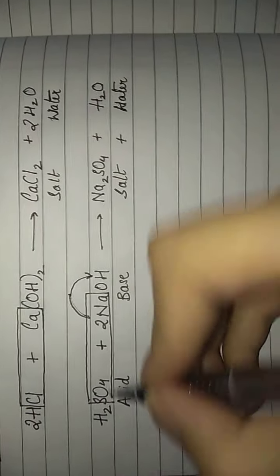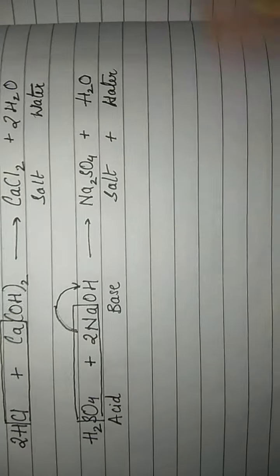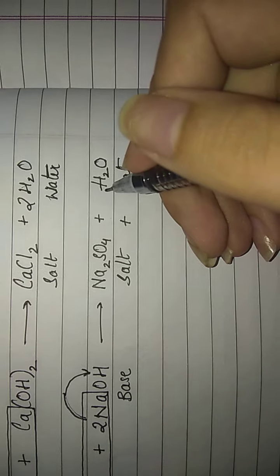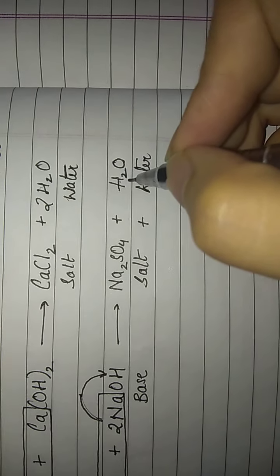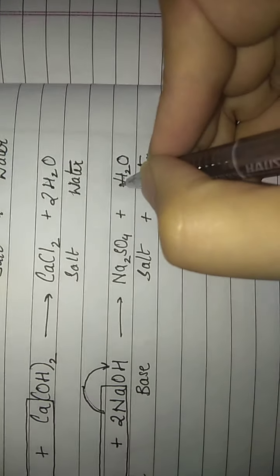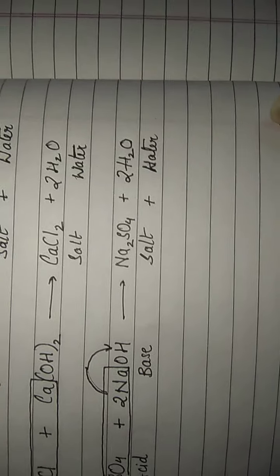So total hydrogens on the left hand side will be 4. Now on the right hand side, I have only 2 hydrogens. So how will I make it as 4? I will multiply this with 2. So I have 4 hydrogens.